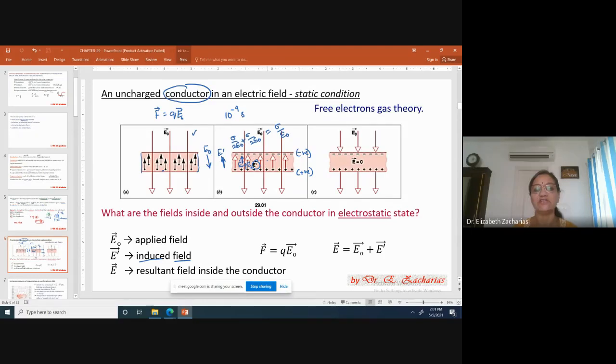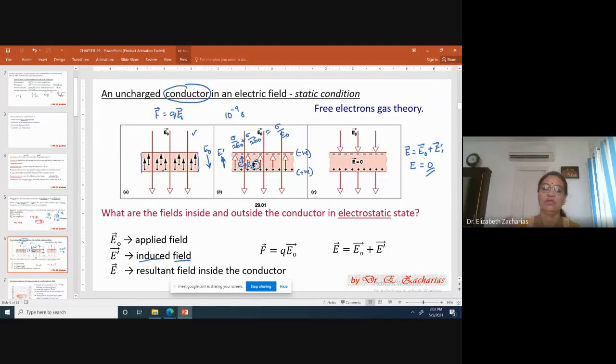The net field inside the material will be E equal to the vector sum of E naught and E prime. The two of them will be equal and opposite. Therefore, the net field inside the material becomes 0.